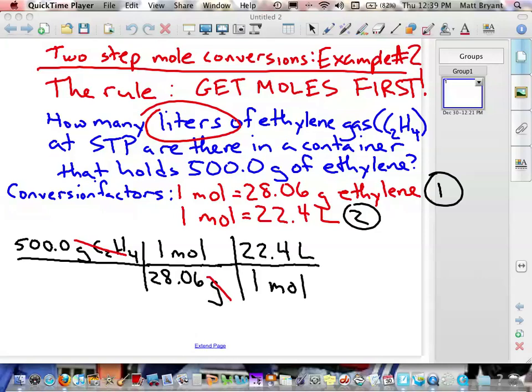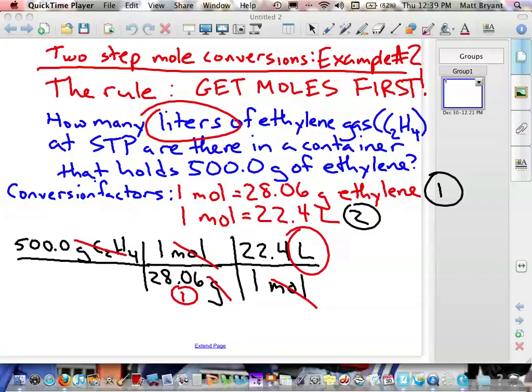So, now we check. We make sure all our units cancel, and moles do cancel, as we can see there. We make sure that we have the units that we want in our final answer, and it looks like we have liters, which is what they asked for in the beginning. So, looks like, as Mr. Sperry said, it's time to plug and chug. So, we take 500.0 and we divide by 28.06.